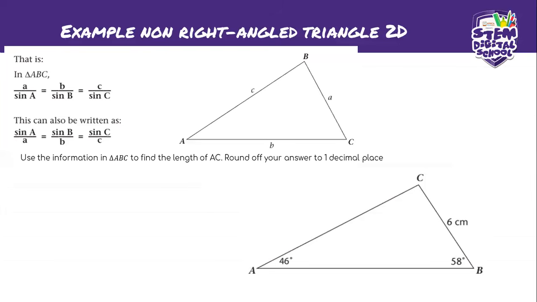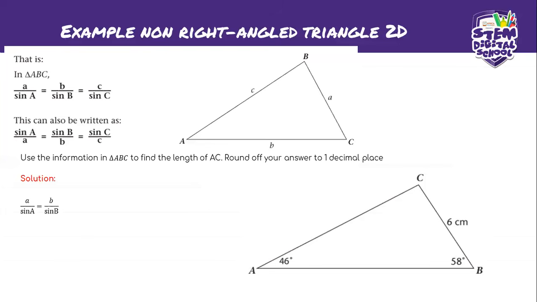Meaning for us to be able to calculate this side AC, we are going to use what? We are going to use the sine rule. Now let's see how to calculate that side AC using the sine rule.